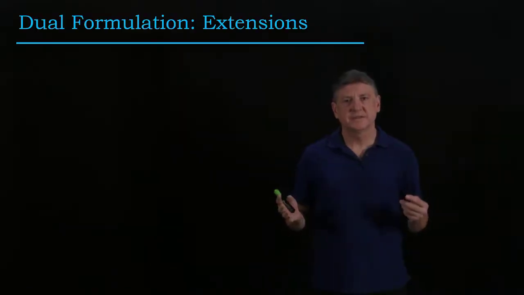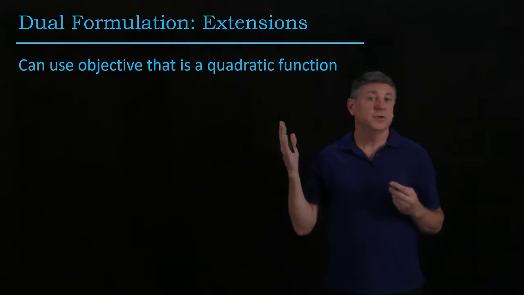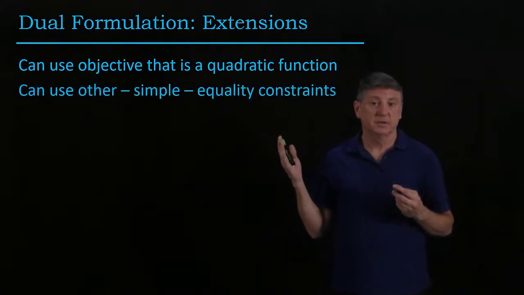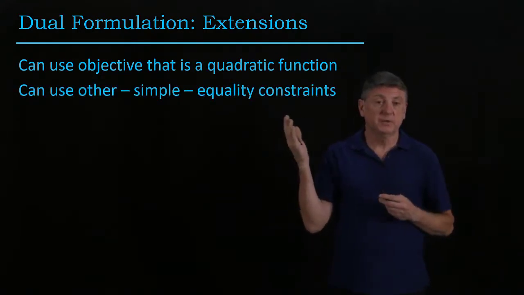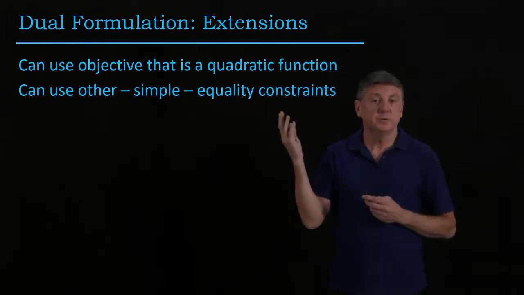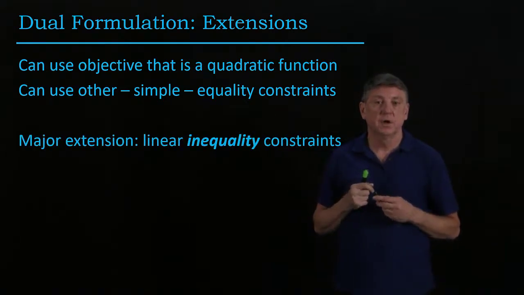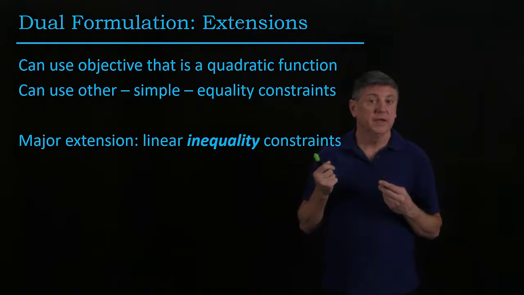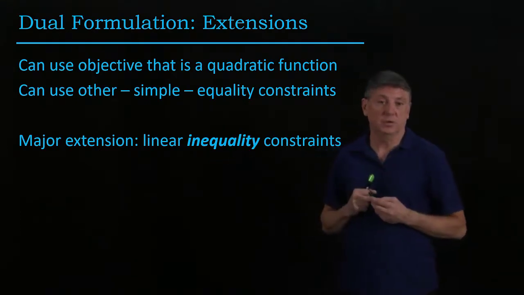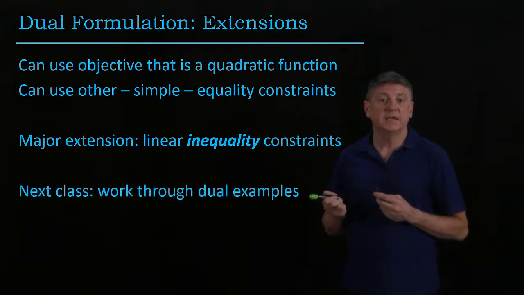Now let's summarize this session. What we did was we used an objective that's a quadratic function. We used linear equality constraints, but we could use other simple equality constraints. A major extension that we'll get to is how do we use inequality constraints. And in the next class, we'll work through some dual examples.